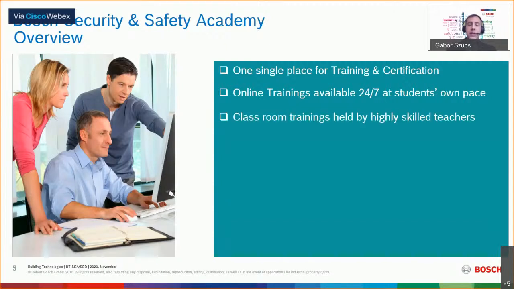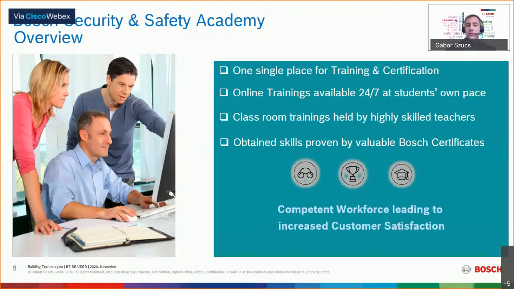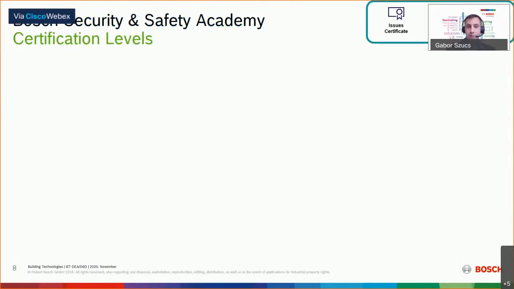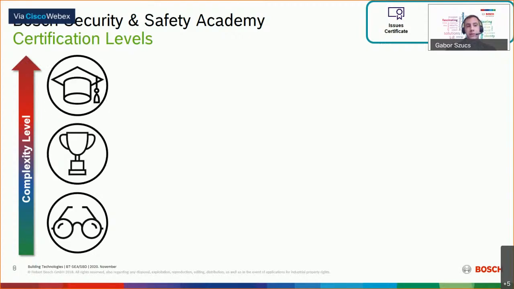As soon as we are talking about classroom trainings as well, this is the platform on which you can sign up for such trainings. And via the skills or certificates, you will have the dedicated courses and skills available. What kind of certification levels do we have during the entire scope of Bosch security and safety systems? We have three main certification levels.